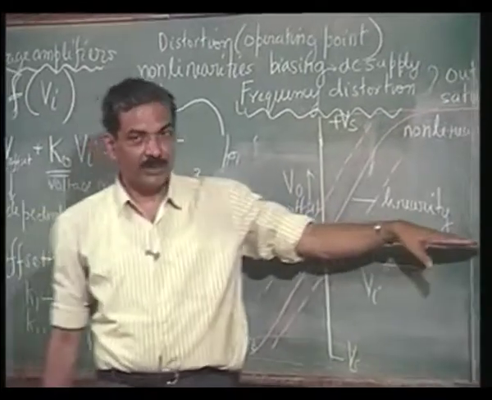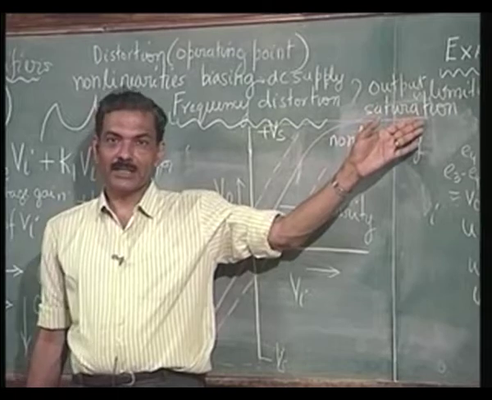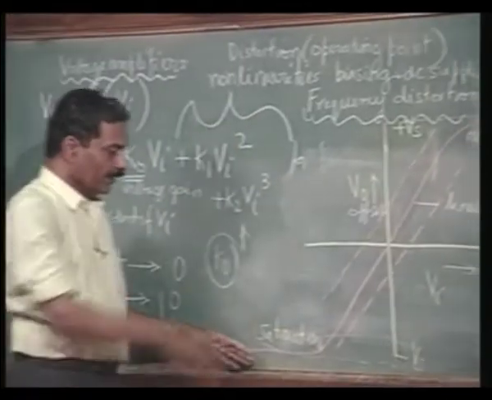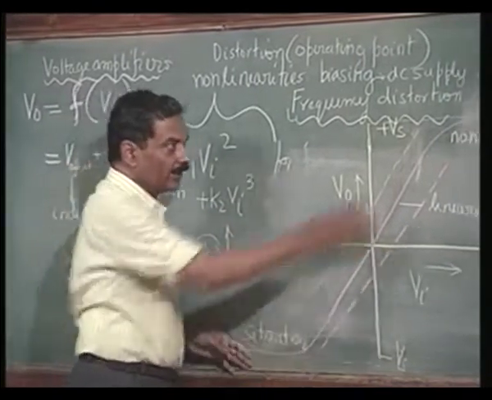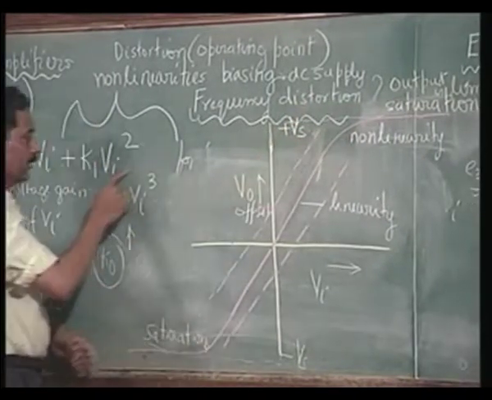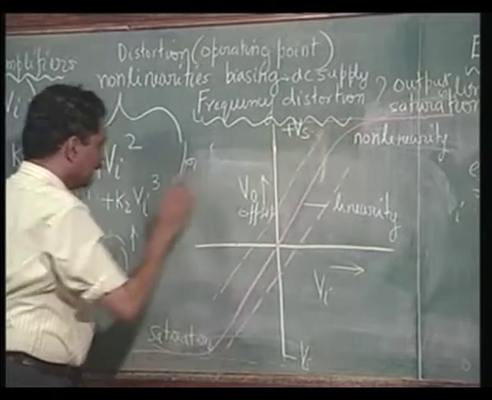Then there is a region beyond which further increase in Vi does not cause any change in V naught. That is called saturation. That can occur both on the higher side as well as the lower side. So, saturation, and the non-linearity because of the device, these are this kind of nonlinearities.